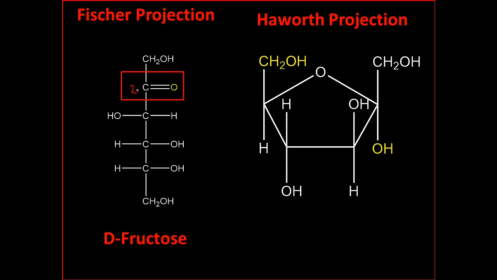While in ketose, it's the second carbon that has the C double bond O. So, it means we won't touch the first carbon. Only the second carbon. And as you can see, we only have 1, 2, 3 chiral carbons, not like the aldose. So, the formation is, carbon 5 will be having the OH.